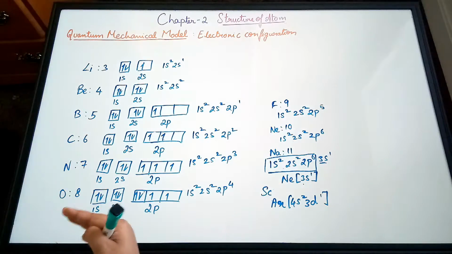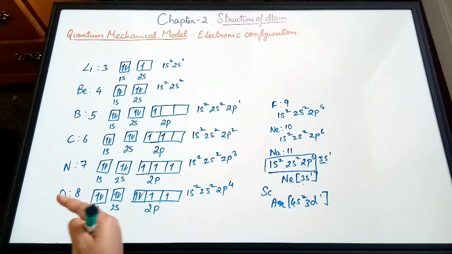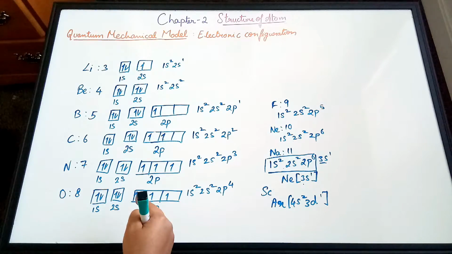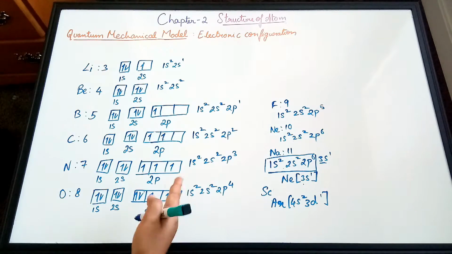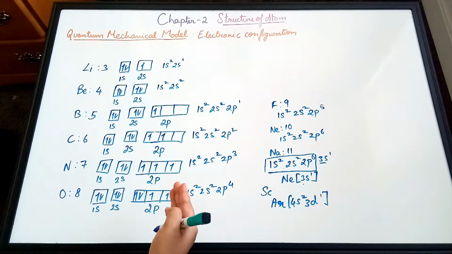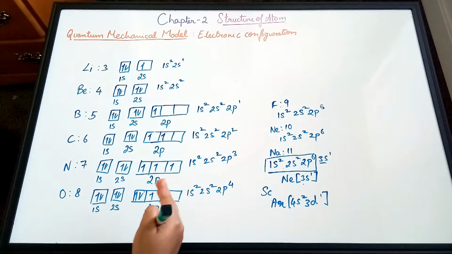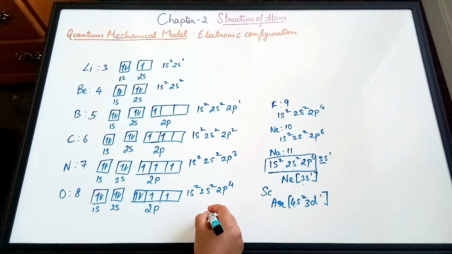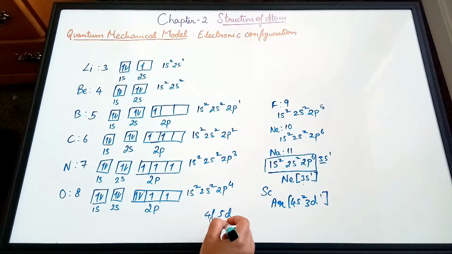From rubidium to xenon, we'll be filling in the 5s, 4d and 5p, similar to what we had observed for argon to krypton. Next, lanthanum to mercury will be filling in the 4f and 5d orbitals. So 4f has 7 orbitals and 5d has 5.